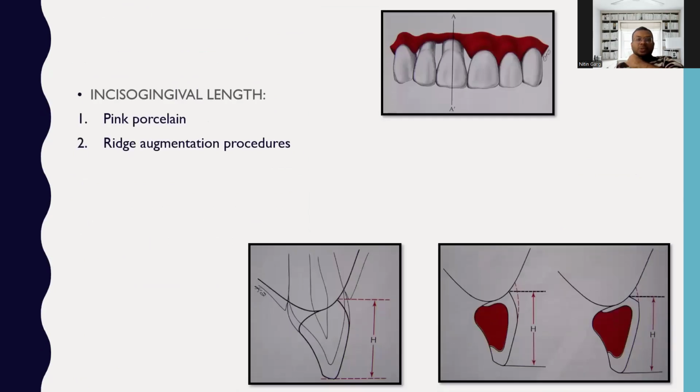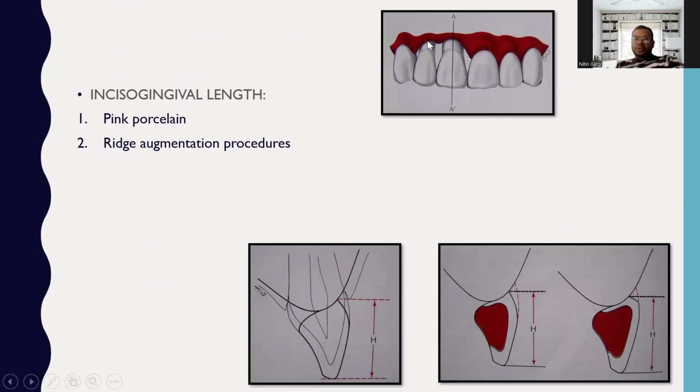The next is the incisogingival length. If you have too much incisogingival length, then consider giving a pink portion where there is a loss of height of your ridge contour, or you can plan ridge augmentation procedures, whatever suits. But this will be very aesthetically unpleasing for the patient.